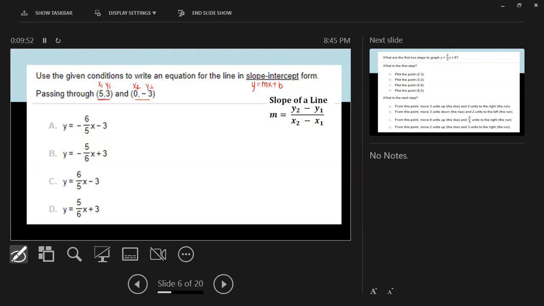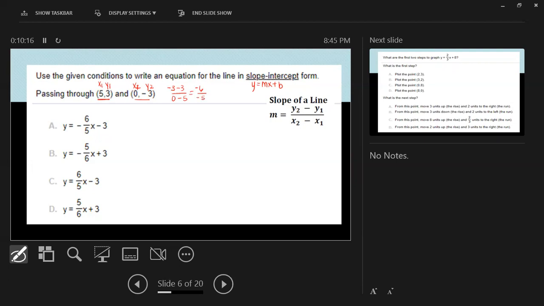All right, so now let's plug that into the slope of a line formula. So that would be -3 minus 3 over 0 minus 5. -3 minus 3 will give you -6, and 0 minus 5 will give you -5. So we have -6 over -5.